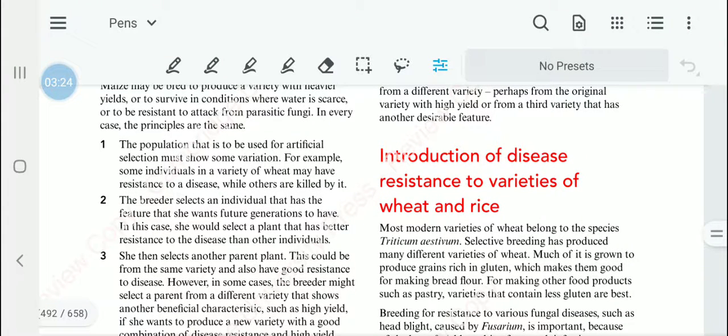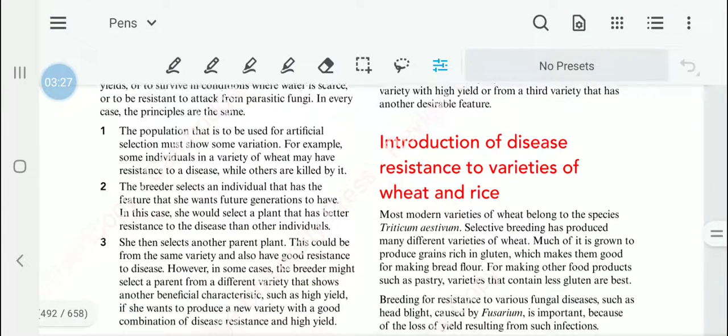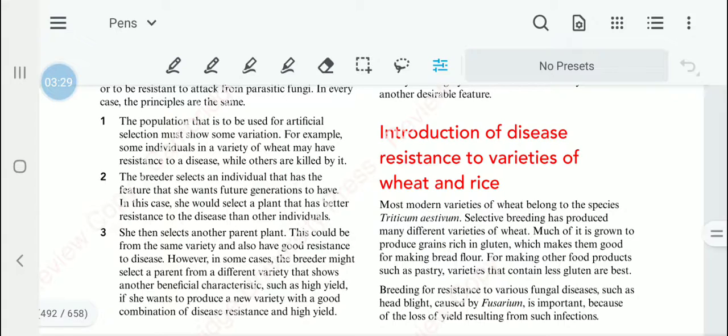Artificial selection has several steps. The first is that the population to be used must show some variation. That is, some individuals in a variety of wheat may have resistance to a disease while the others are killed by it, so we take the variety that resists the disease. The breeder will take an individual, a plant or an animal, that has the feature she wants future generations to have.